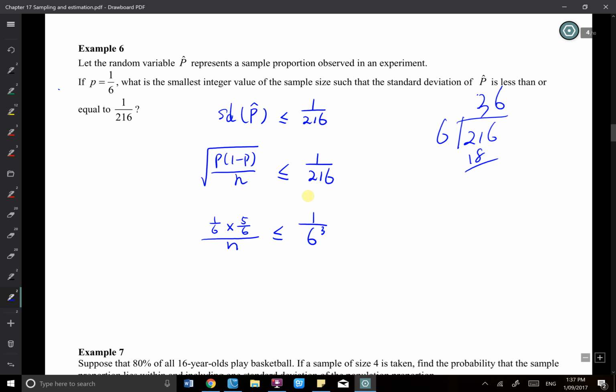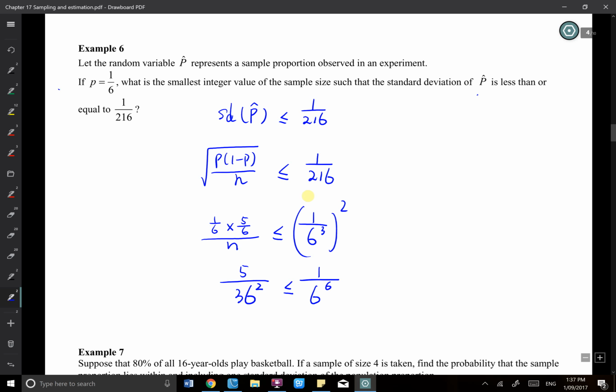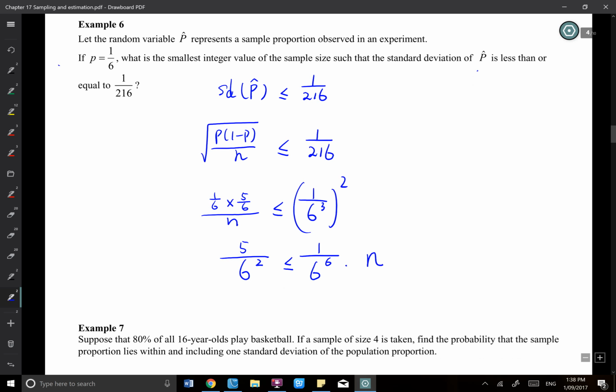And then I will square both sides. You will have that, and you will have 5/6 squared times n on the other side. Well, 6 squared. Okay, they're all positive.